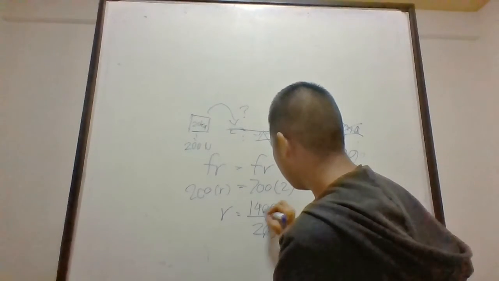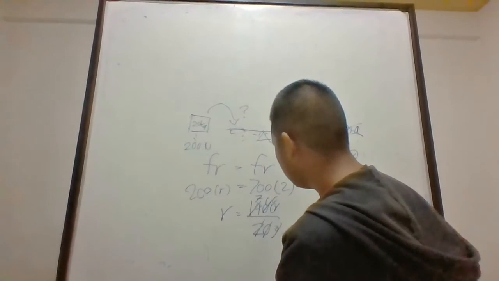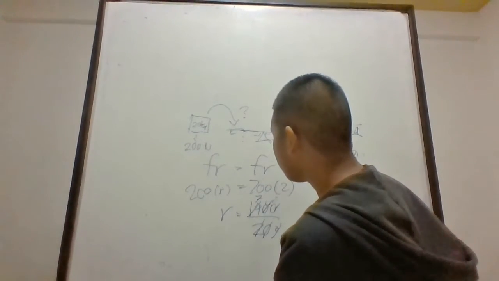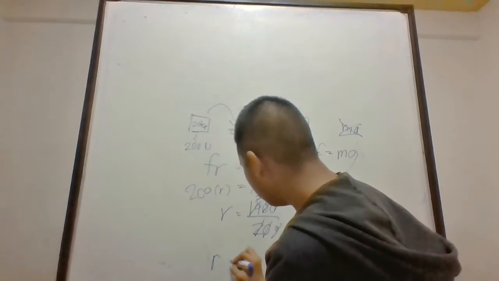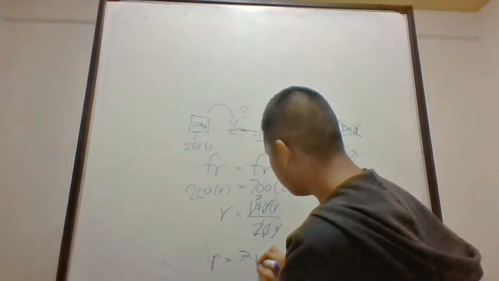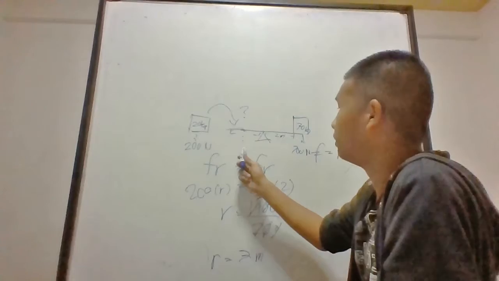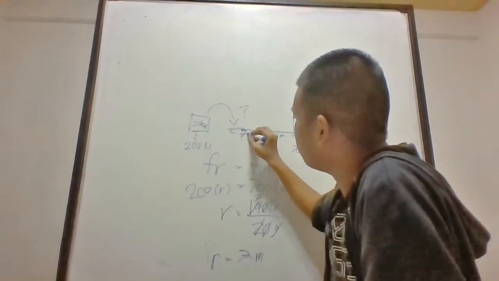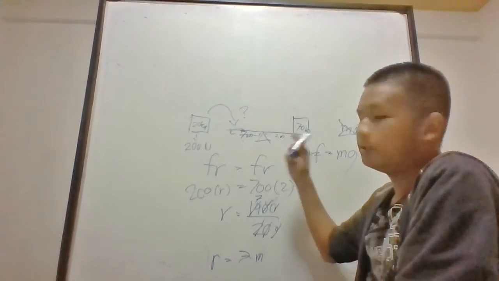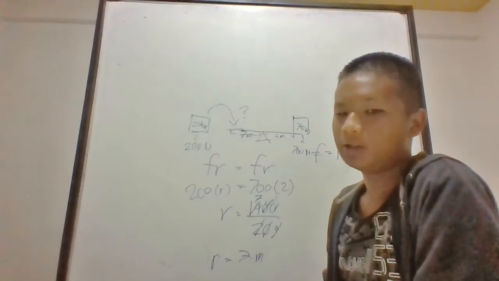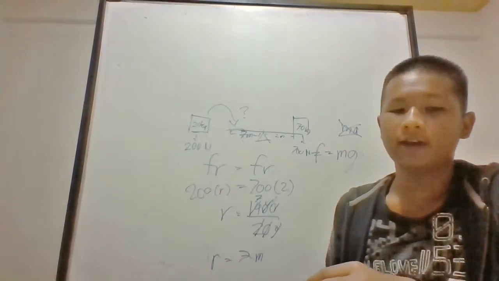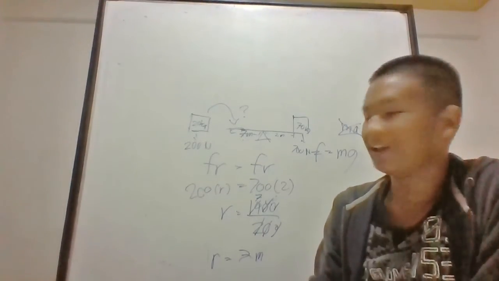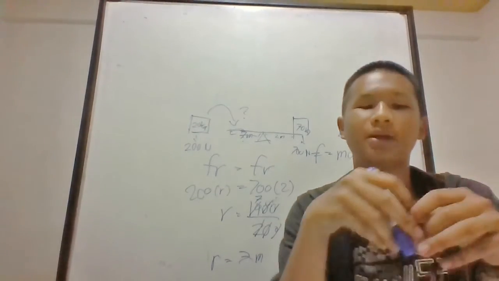So the distance that the smaller kid needs to be from the center of mass of this point is actually 7 meters long, 3 times longer than this one. So I hope you can understand what I am saying, because I think I don't even know what I am saying. So thank you very much.